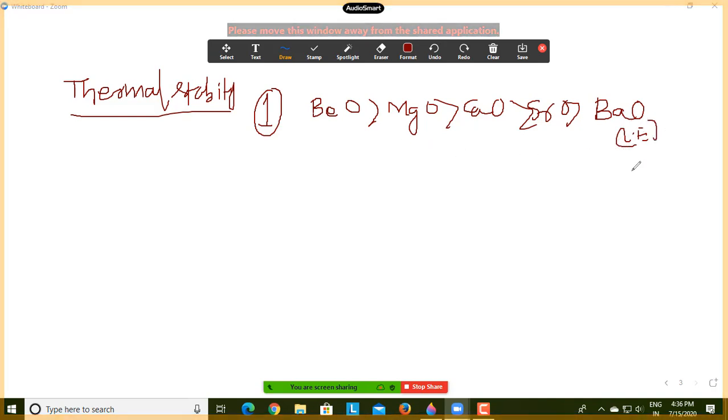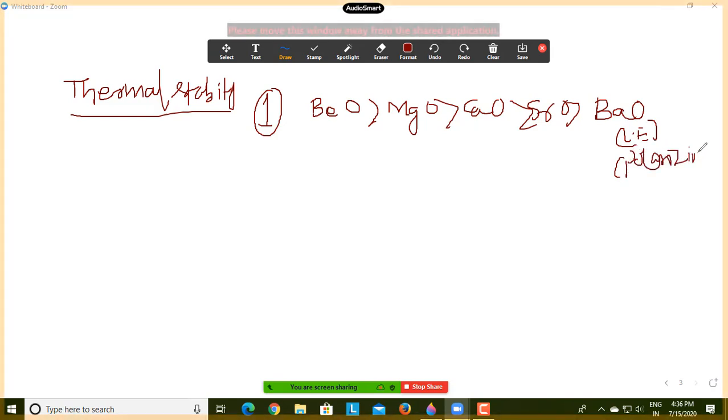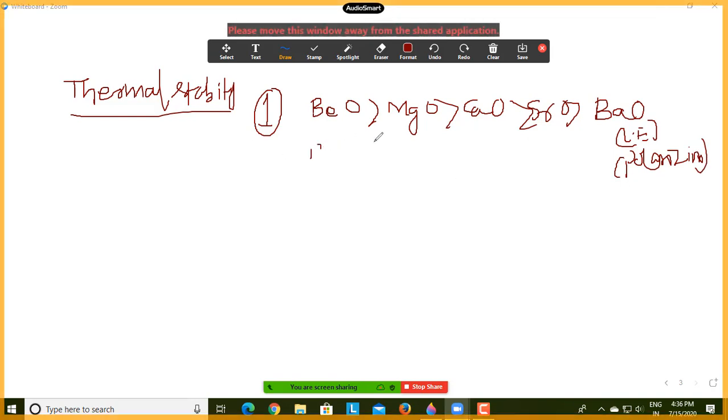And what is the order of polarization? Tell me. The opposite. So polarization order is like this. But melting point, if you see, the melting point of beryllium oxide is more.